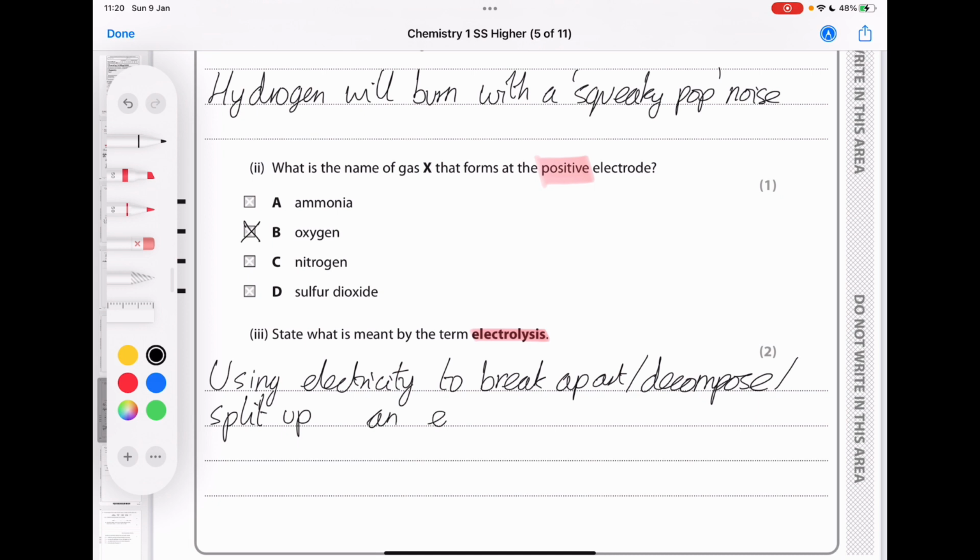An electrolyte, or compound, or substance.